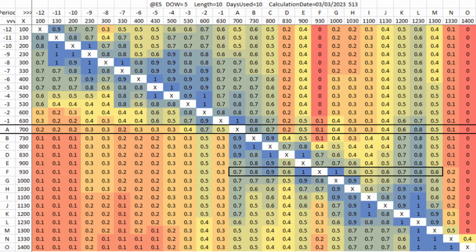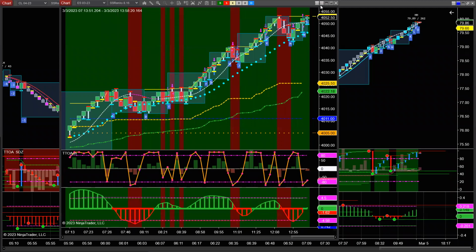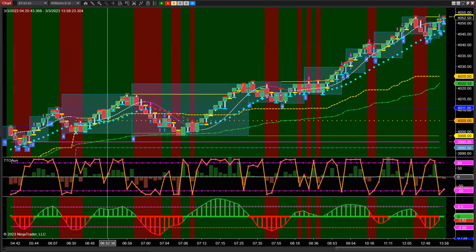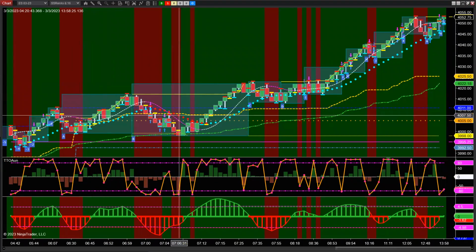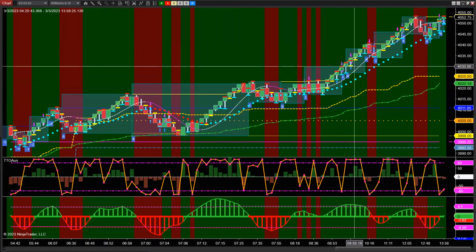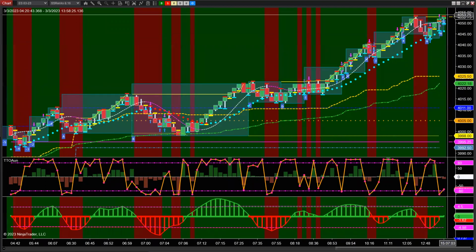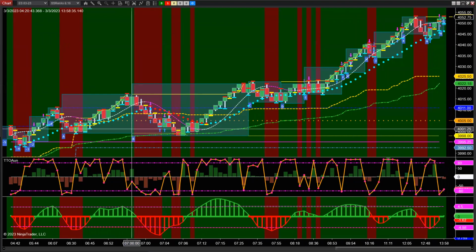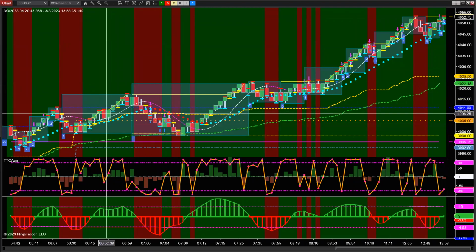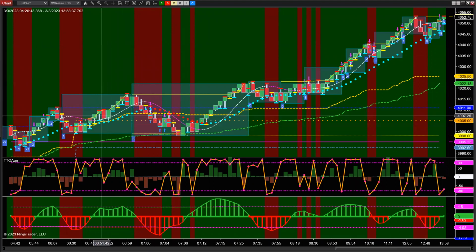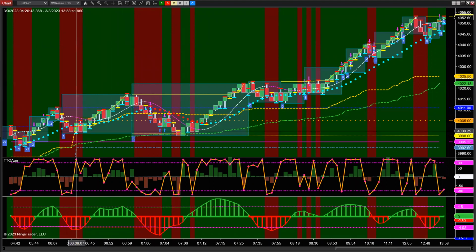There we go. So this is the ES, and this is the whole day today: A, B, C, D, E, F, G, H, I, J, K, L, M, N, O. The market just closed a little while ago. In A period, I expected that to be first, but what happened was it extended higher.